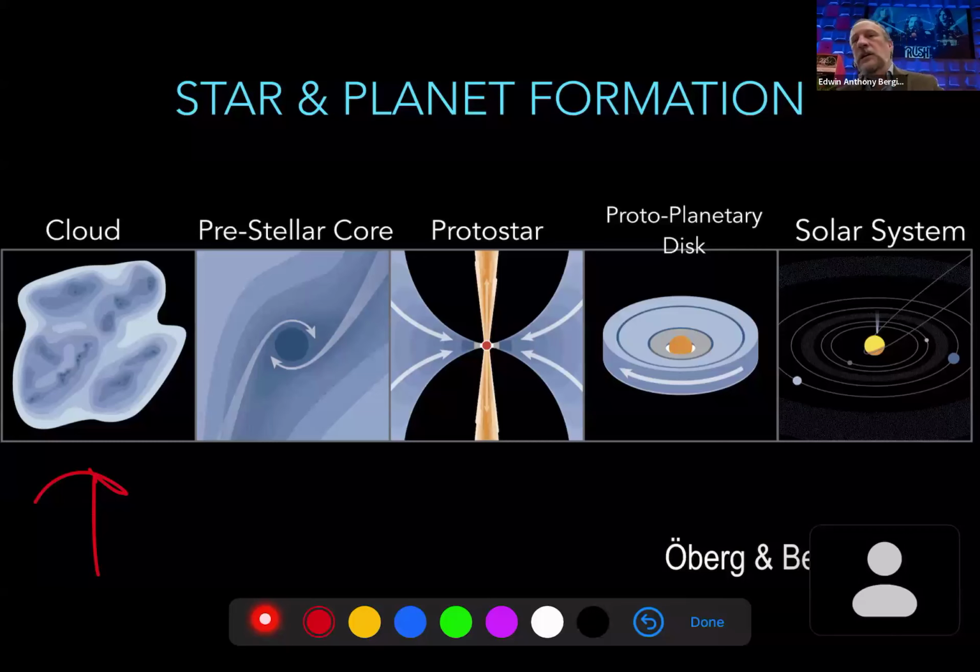Things are rotating. So those cores that I showed you there are rotating. All right. And the rotational collapse, to conserve angular momentum, leads to the formation of a star in the center and a disk of material. And the disk is accreting material from the natal envelope onto the star.